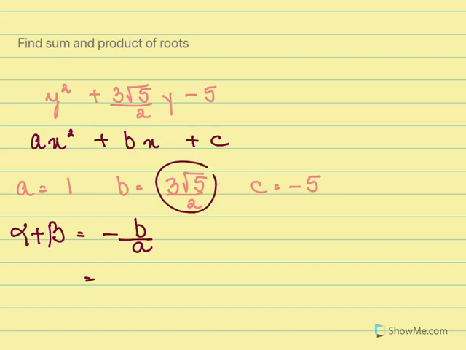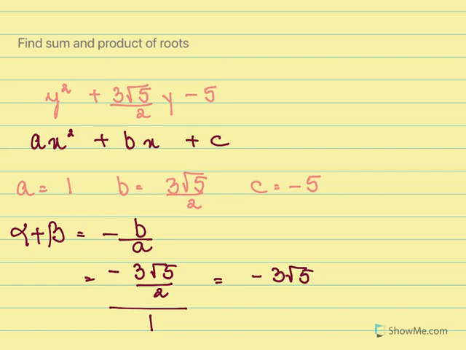So here is our b and this is our a. So we do minus b. So minus the b is 3 root 5 over 2. A is 1, so divide by 1. So that is minus 3 under root 5 over 2. This would be the sum of roots, that is equal to alpha plus beta.